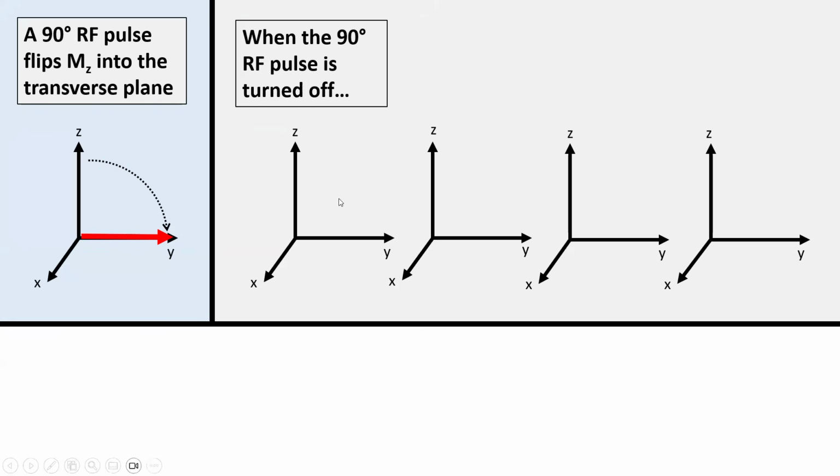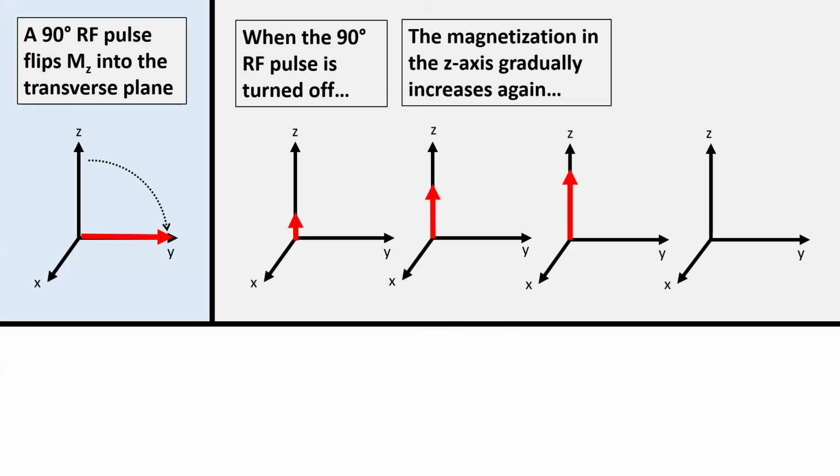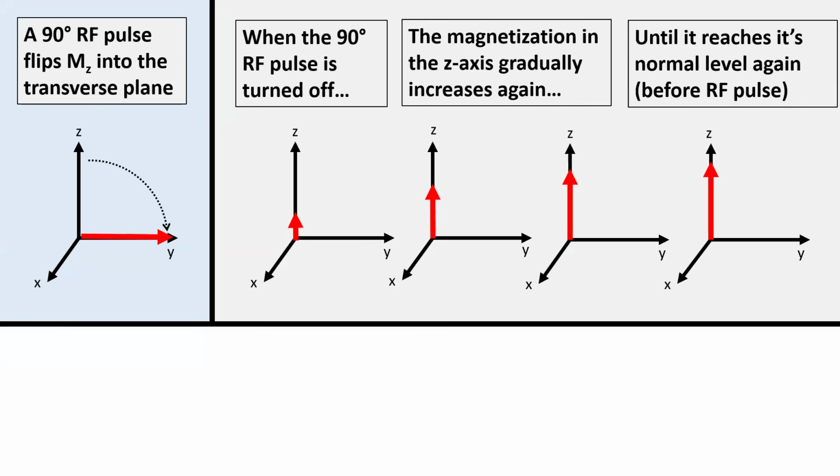If we put out the radiofrequency pulse, gradually the magnetization will return. Not at once, but if we just wait long enough, we will see it gradually increase until it reaches its normal value again, the value it had before the radiofrequency pulse.